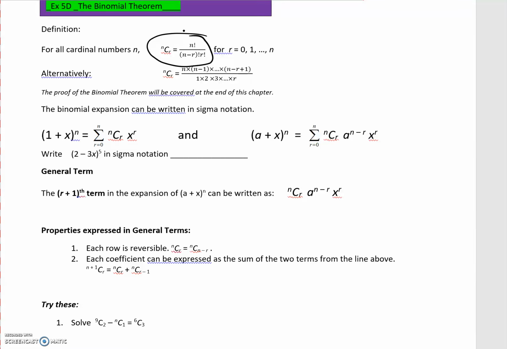Now, we'll eventually see the proof of this, but for now, we're just going to be working with it and becoming really familiar.